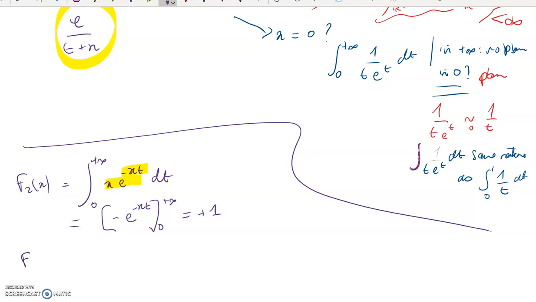Except that, what do I have if I put f2 of 0? I have the integral between 0 and plus infinity of 0 times e of 0 times t dt. And what is that function? That's a well-defined function. That's 0 times 1.